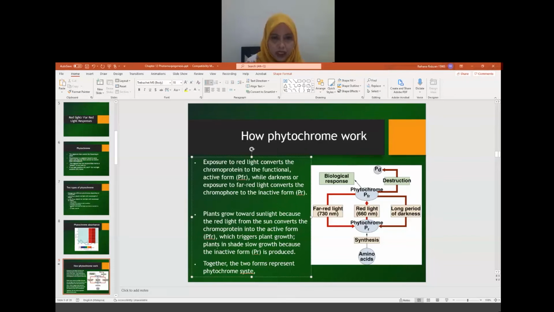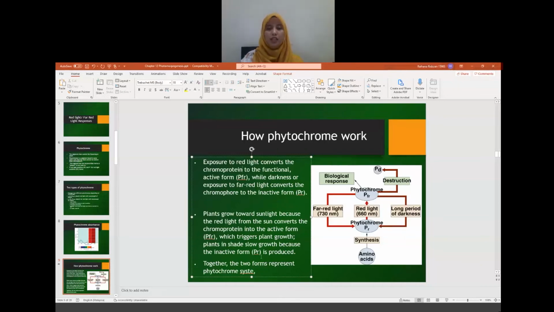Plants in darkness or shade will slow their growth because the absorbance of far red light converts the phytochrome to the phytochrome red light, and since this is the inactive form, they will inhibit or slow the growth.